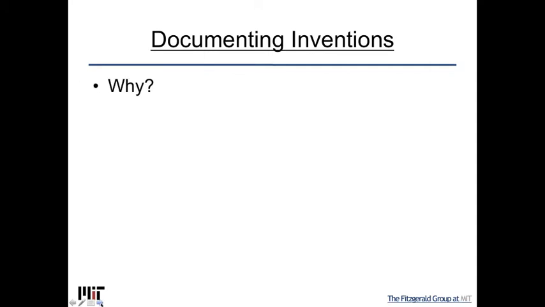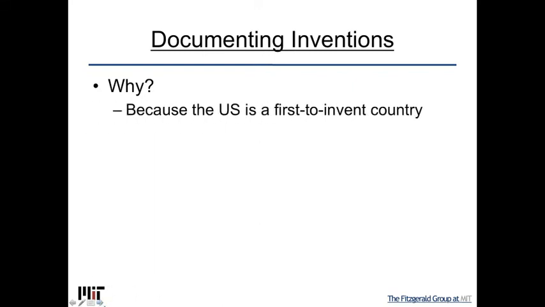So documenting inventions used to be much more important when it was first to invent. And since the middle of March 2013, that has disappeared, or become a little bit less important. But somehow I have this feeling that it's still relevant for different reasons.